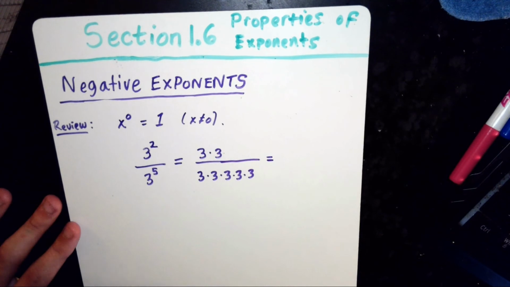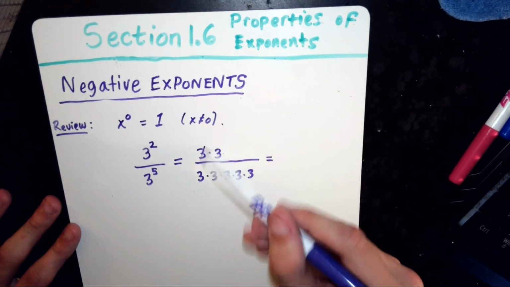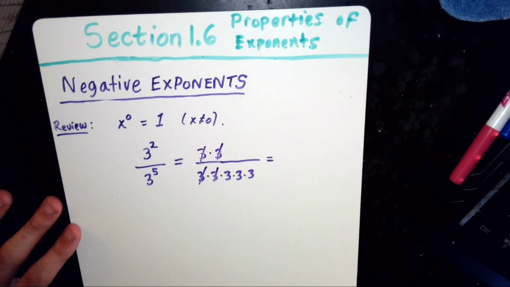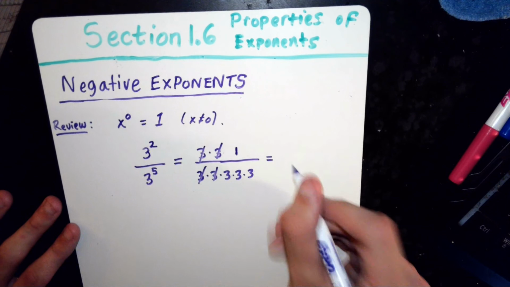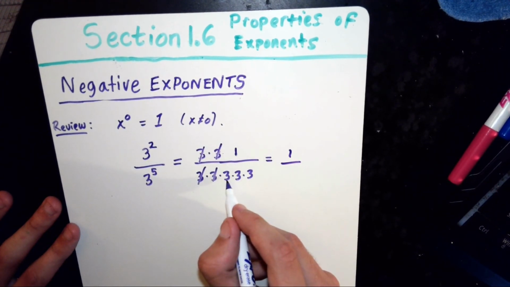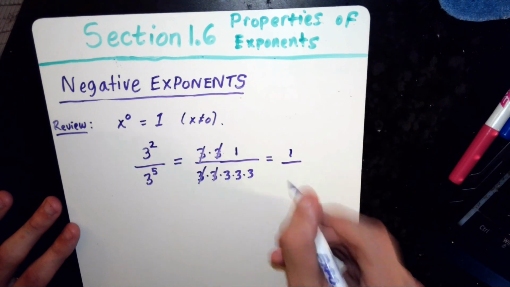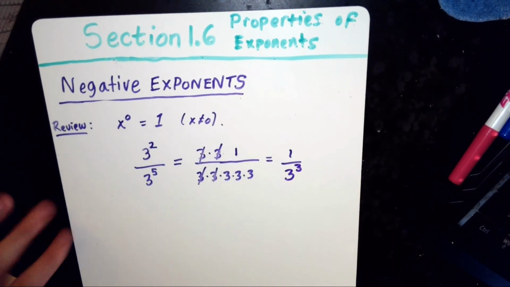Now, just using some algebra you may have learned earlier, we can cancel some things out here. Cancel all that stuff out, and what's left on the top is a 1, and then we've got 1 over. Now we think, how many 3's are there? There's 1, 2, 3 3's, right? 3 to the 3rd power.